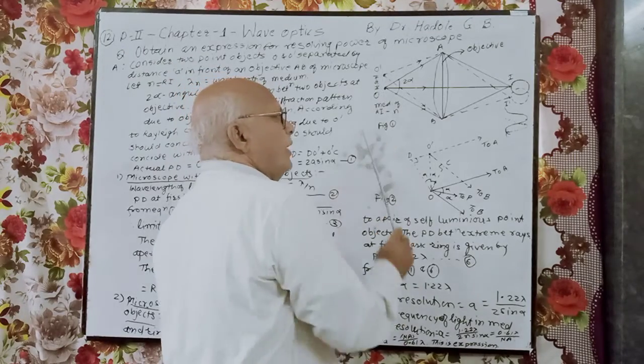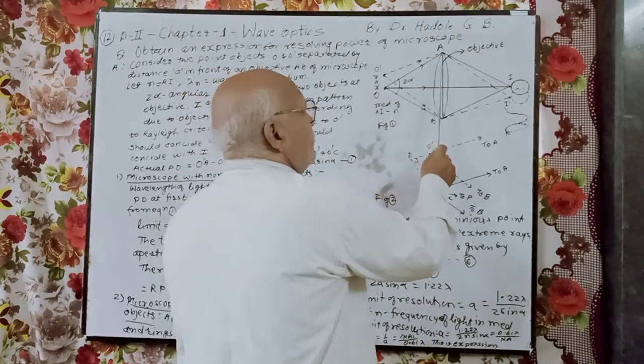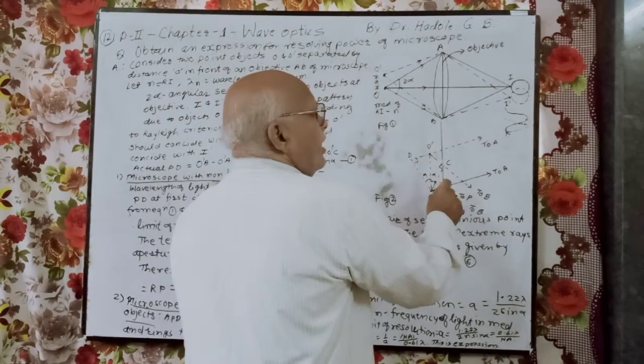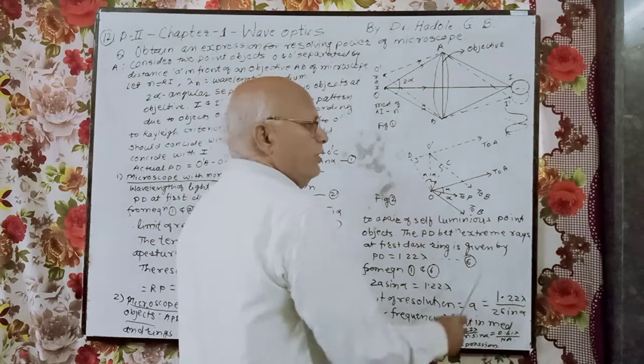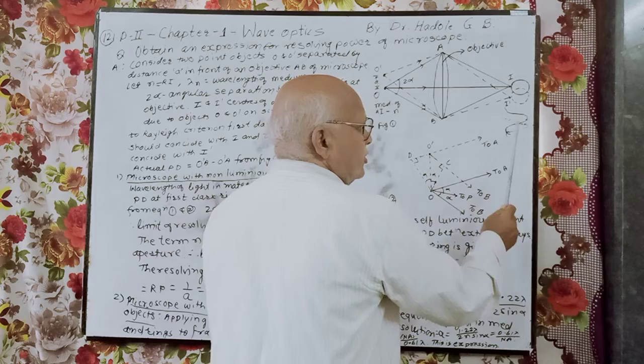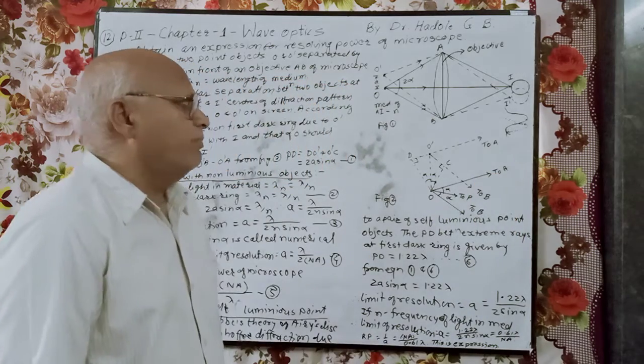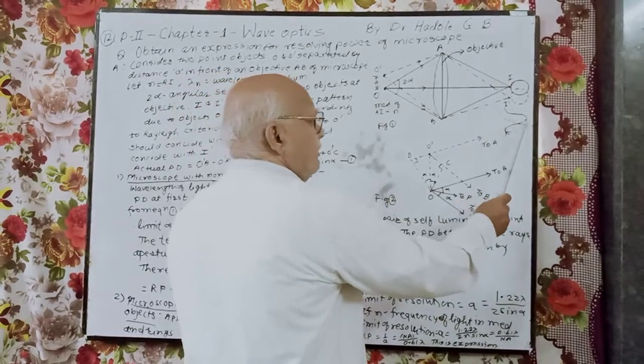Now, O dash is another object. Light coming from O dash falls on the objective. After passing through the objective, it gives the image I dash, and this image produces a diffraction pattern which is shown by the dotted line.